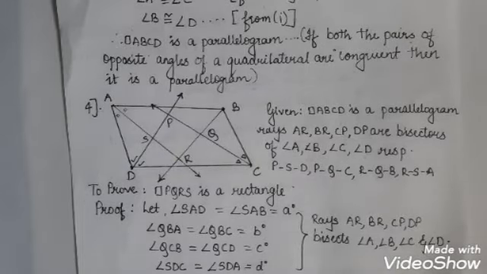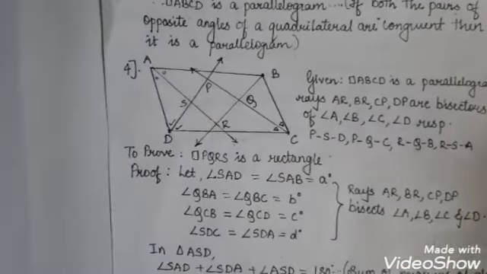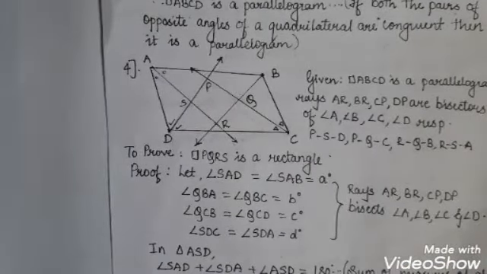Ray AR, ray BR, ray CP and ray DP are the bisectors of angle A, angle B, angle C and angle D. You can see I have written here AR, BR, DP and CP. Now I have to prove it is a rectangle.